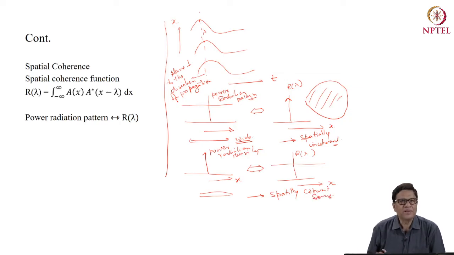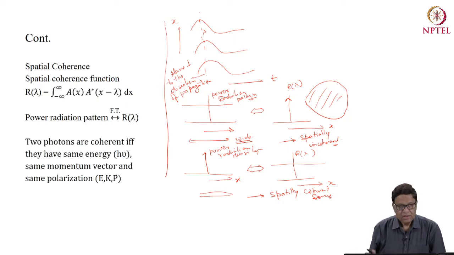So we have understood the difference between temporal coherence and spatial coherence. The photons which are emitted will be called coherent if and only if they have the same energy, h nu, which basically tells that they have a single wavelength, the same momentum vector, which tells about the power radiation direction, that the power is highly directional, and the same polarization.